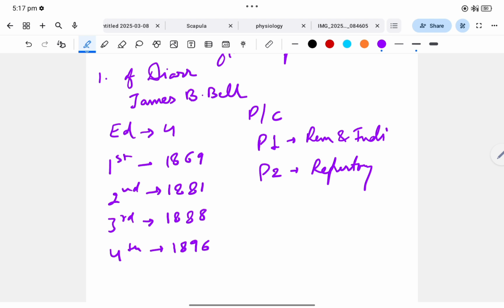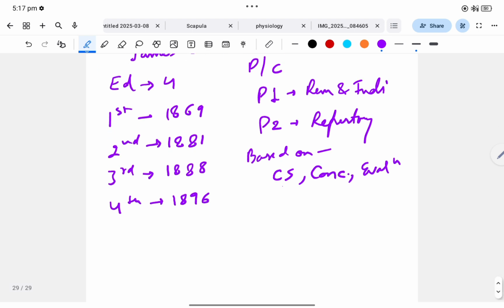It is based on doctrine of complete symptom, doctrine of concomitant, and doctrine of evaluation of remedies.